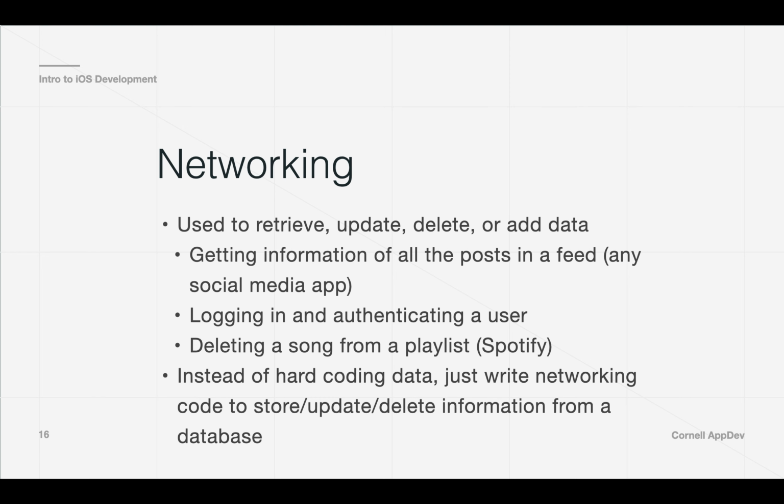And so this is pretty much used in every single app that you use. Like Spotify, you delete a song from a playlist, add a song. Any social media app, Instagram, Facebook, you're accessing their data centers through network requests.